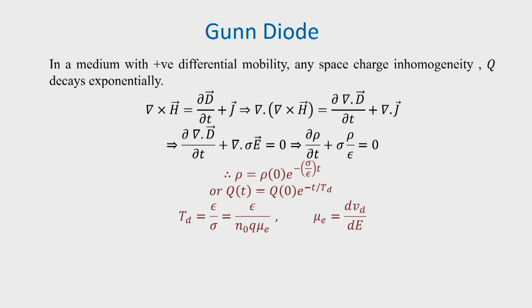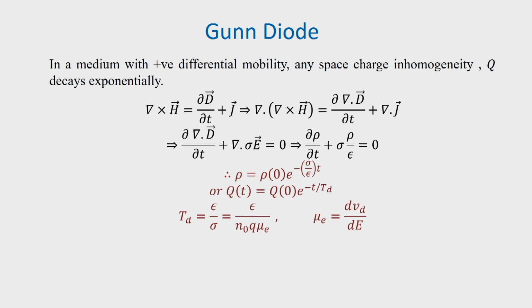So, Td is equal to epsilon by sigma, which is equal to epsilon divided by n naught q mu e. We substitute the expression for sigma here.